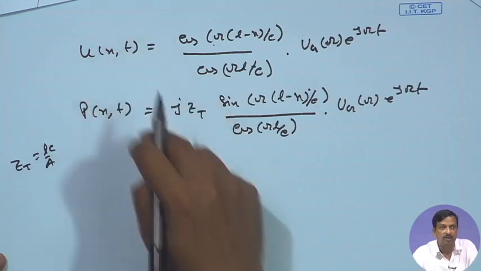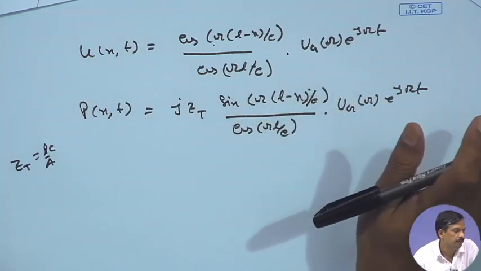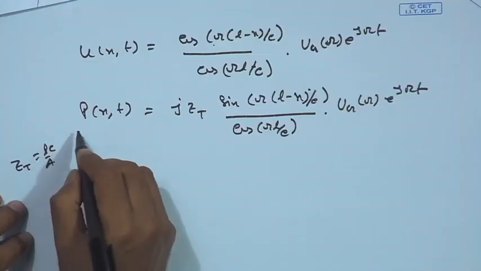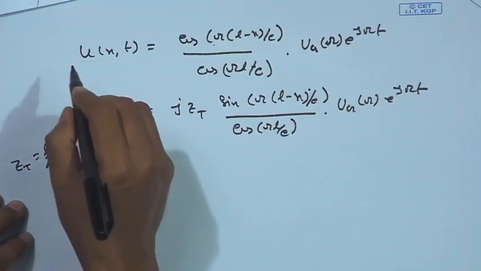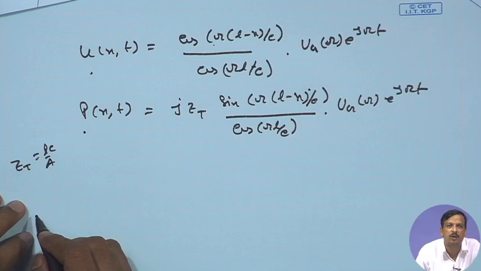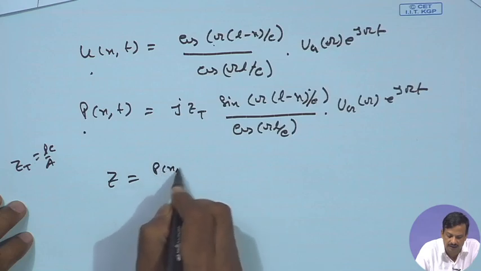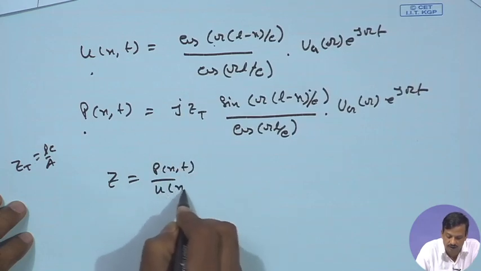Now I get this u and p. If you see, p is analogous to voltage, u is analogous to current. Now, the impedance Z is nothing but p(x,t) divided by u(x,t).